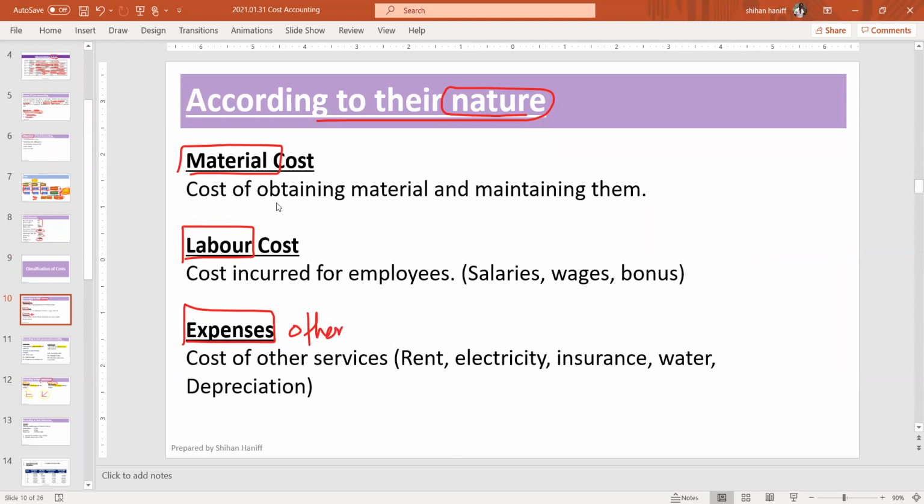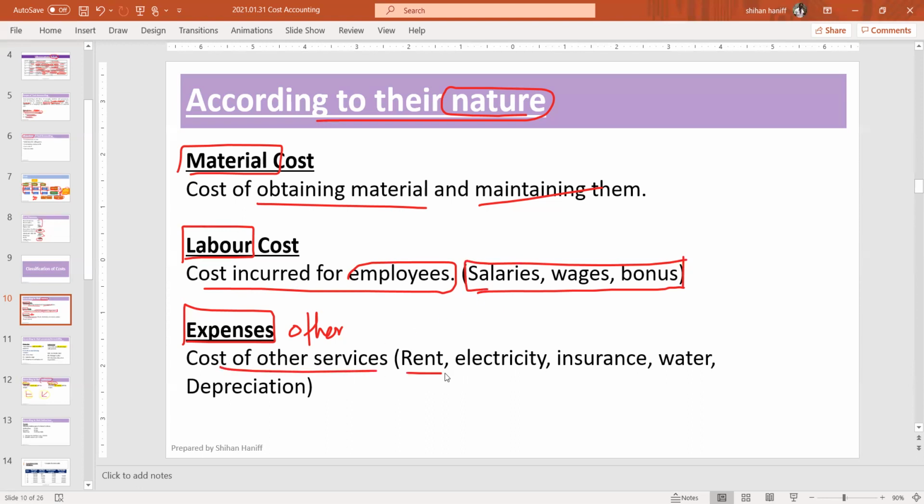Material cost means cost of obtaining material and maintaining them. Labor cost means costs incurred for employees, especially the salaries, wages, and bonus incentives, anything related to the labor. Expenses means all other costs like rent, electricity, insurance, water, depreciation.